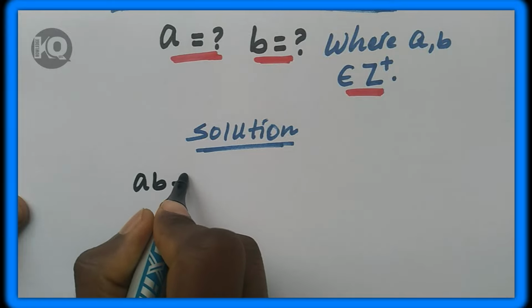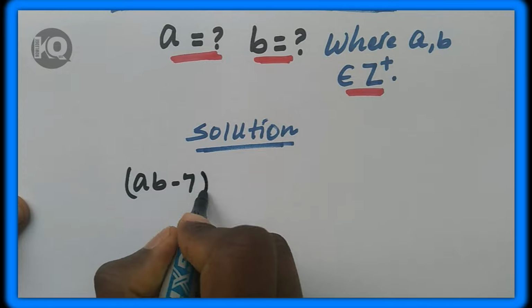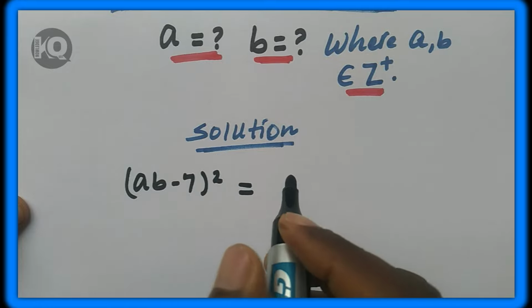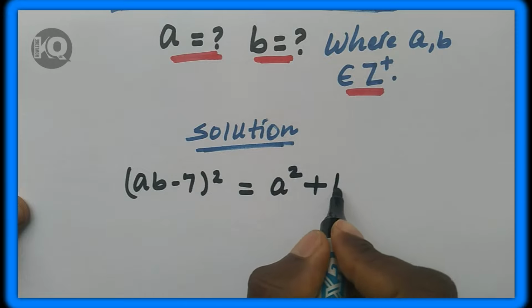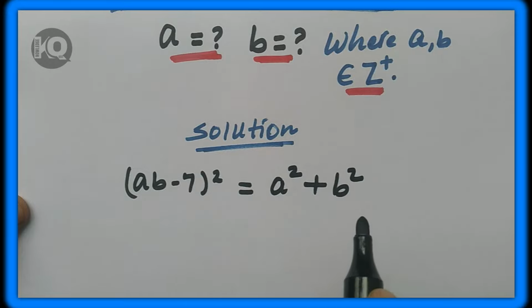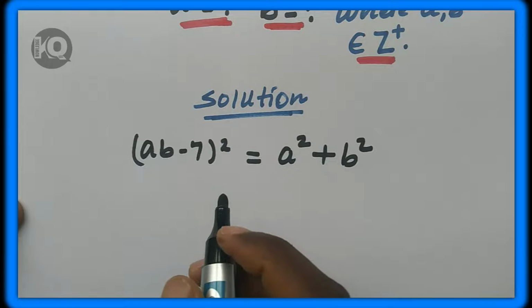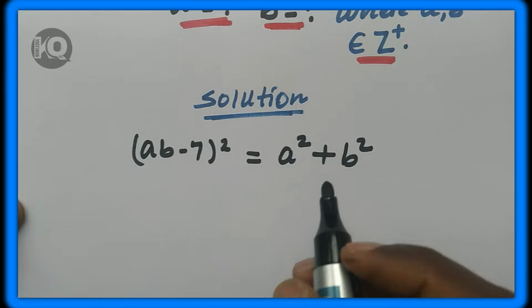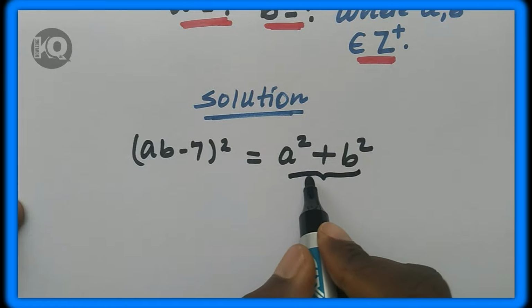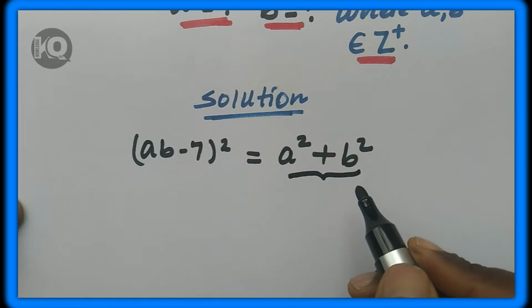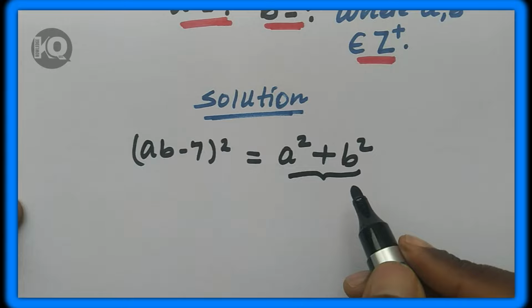(ab − 7)² = a² + b². Now all we have to do is convert this equation or this expression into a standard algebraic expression.